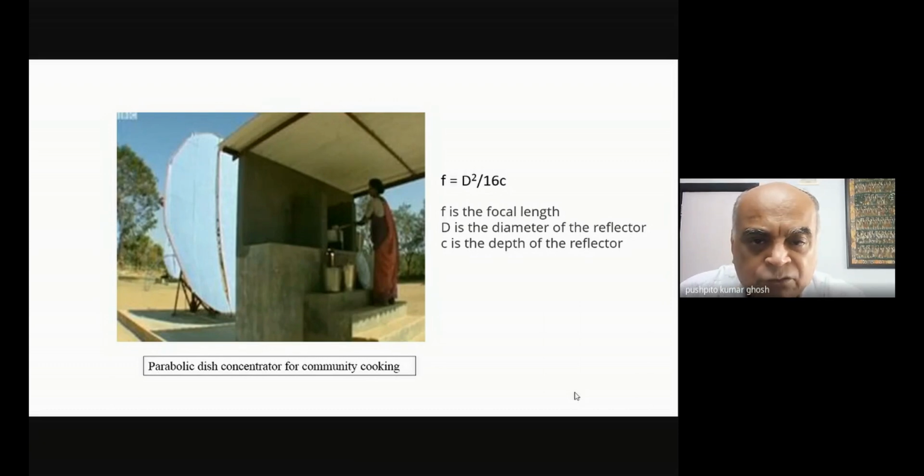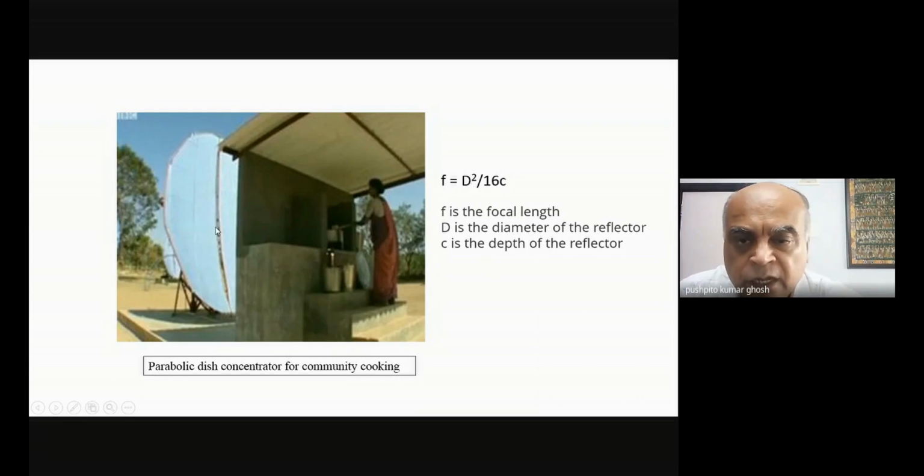Now, this is actually a parabolic dish. So it's again a parabola, all right, and it focuses on a point. And now this is extremely useful. You can see the relationship between the focal point and the diameter and the depth of the reflector.